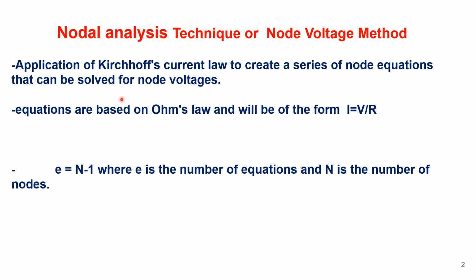Here we use the application of Kirchhoff's current law to create a series of node equations that can be solved for node voltages. That is, Kirchhoff's current law says the total current entering a node is equal to the total current leaving the node.